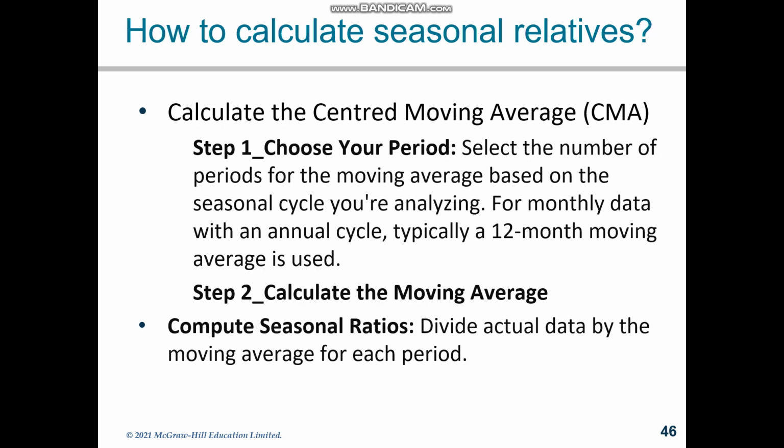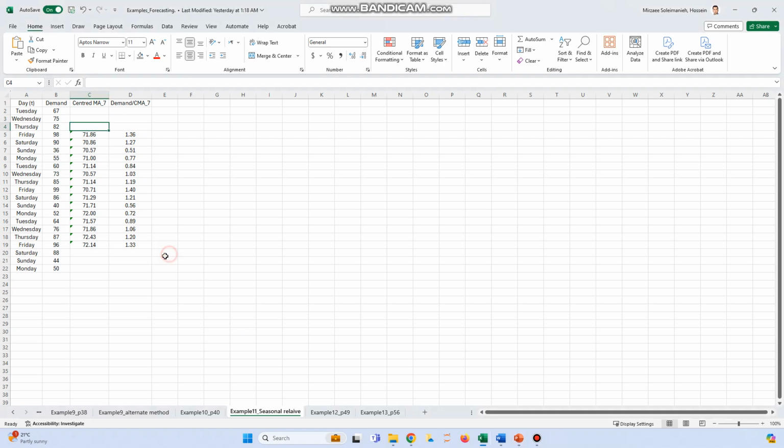So in step 1, we choose our period and then calculate the moving average. Then we can use the moving average of the calculated period as the basis for the seasonal relatives. So by considering this CMA method, let's now go to Excel and solve the example using it.